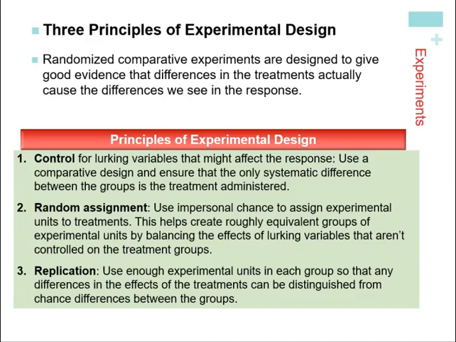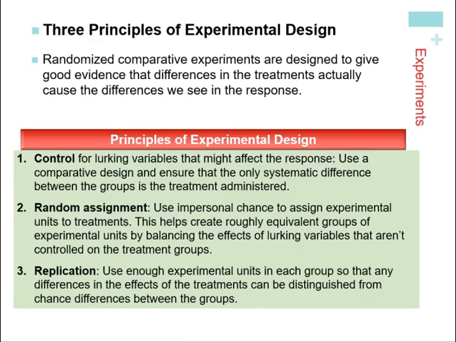Those should be assigned randomly. And then replication. Have we used enough people that we have accounted for any outliers? If I have a really small group of volunteers, like 5, then an outlier could throw that off. But if I conduct my experiment with 200 people, that smooths out the effect of any outliers.